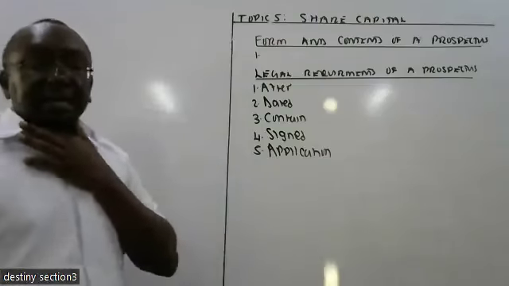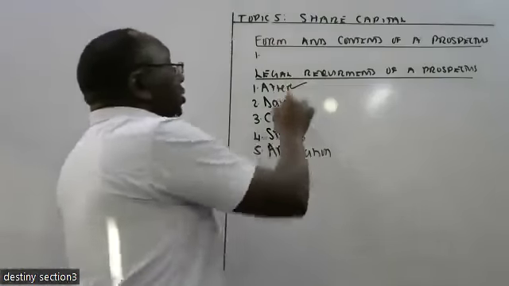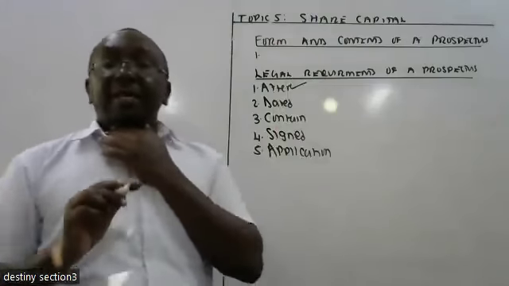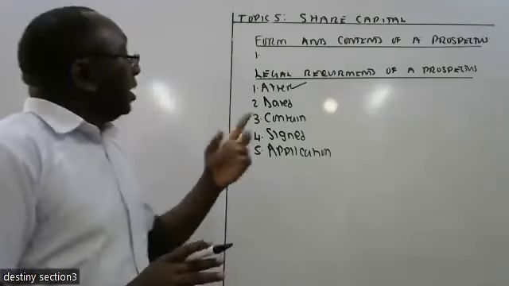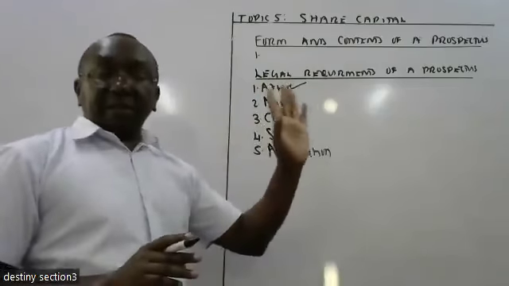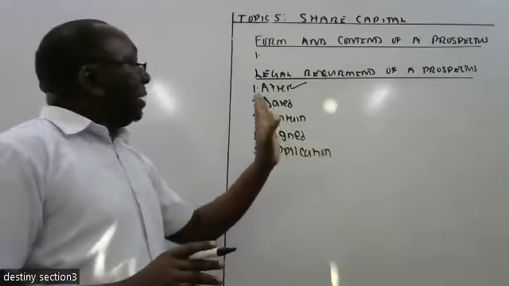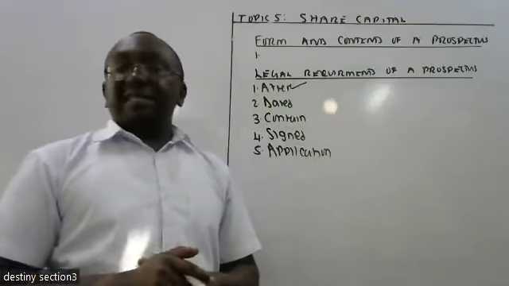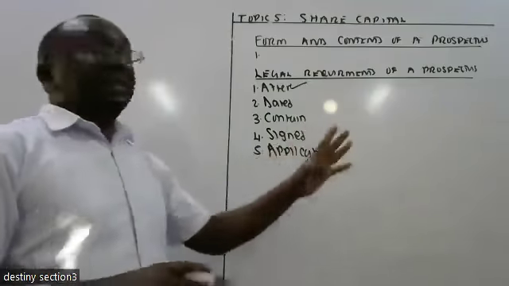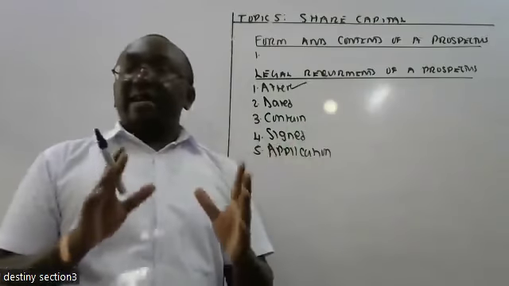So what this means is that you cannot issue a prospectus before the company is incorporated. It must be dated. It must have a specific time. It must contain all the 12 prescribed items that we have mentioned. And it must be signed by each and every director.